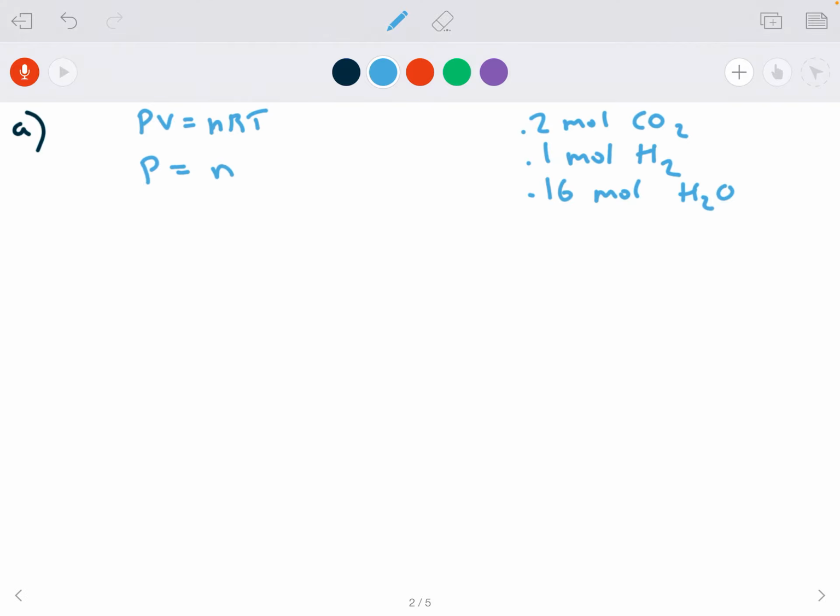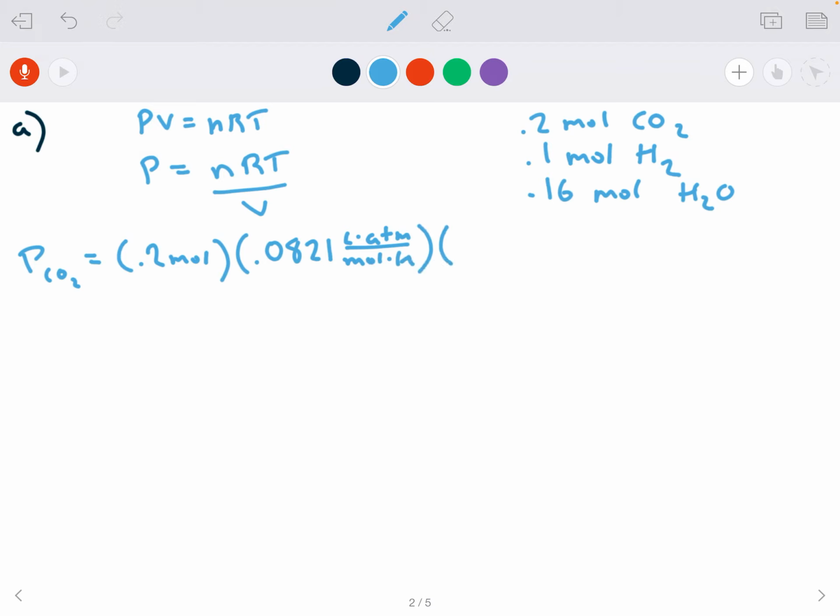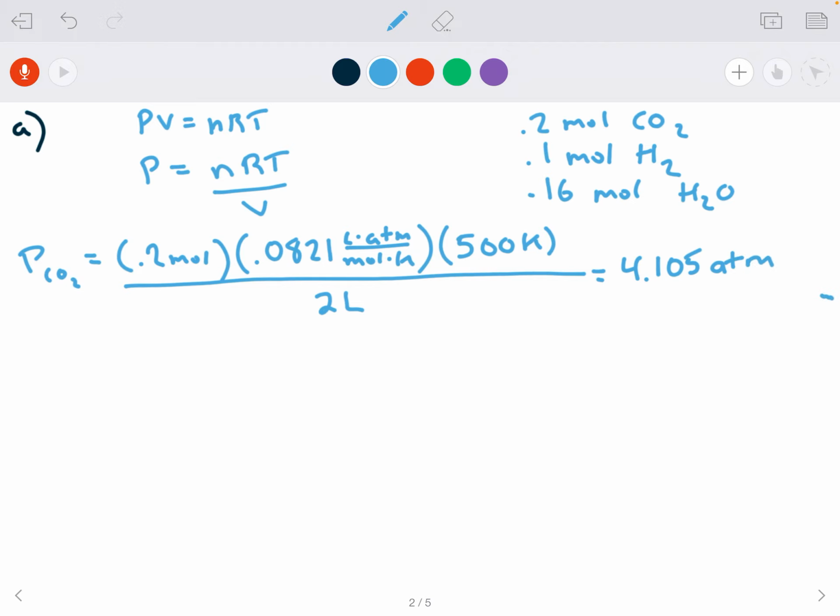So rearranging the ideal gas law, we get P equals nRT over V. So the partial pressure of CO2 will equal the moles, so 0.2 moles times R, 0.0821 liter ATM per mole Kelvin, times temperature, which was 500 Kelvin, all over a volume of 2 liters, and this will give 4.105 ATM.